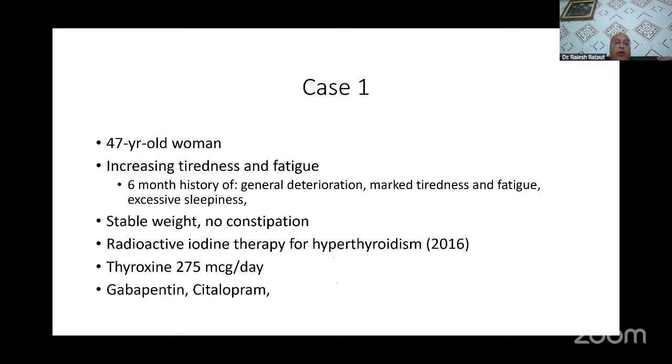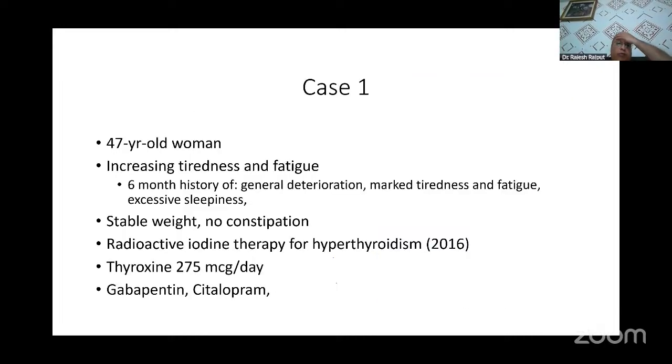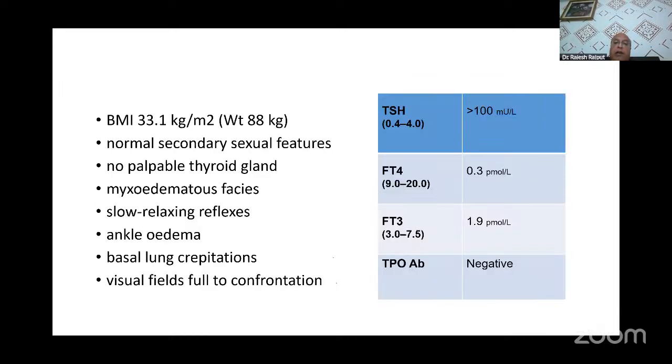citalopram. Now, when this patient comes to us, on clinical examination thyroid is not palpable, patient is appearing myxedematous, and when T3, T4, TSH is done, TSH is more than 100, and as you see, FT3 and FT4 are below normal range, which means despite receiving 275 micrograms of thyroxine, patient is still hypothyroid.